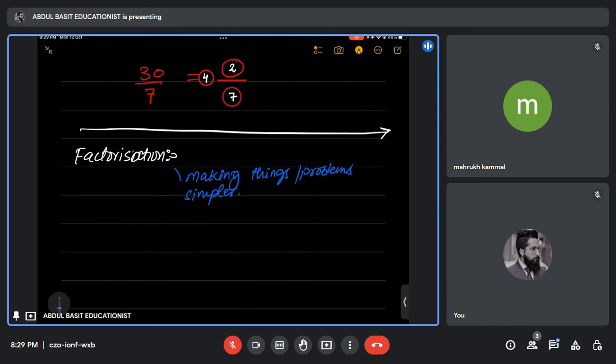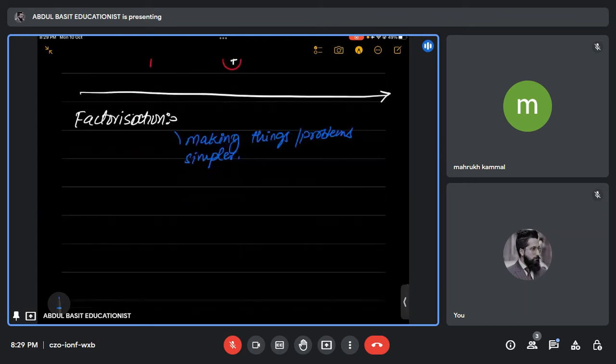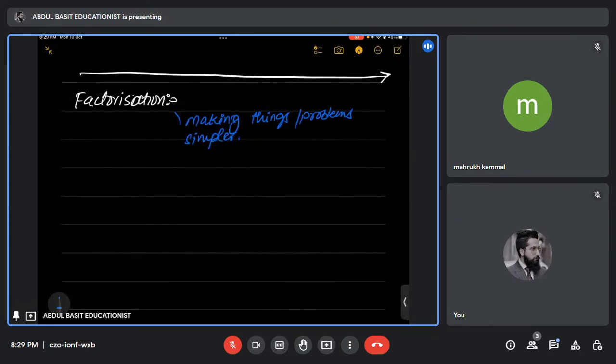We have some problems in our daily life as well, medically as well. What do doctors do if they have a problem? They simply want to simplify the problem. Get it? For example, if I visit a doctor because I'm having a pain in my chest, I have to tell him which area I'm having pain in.